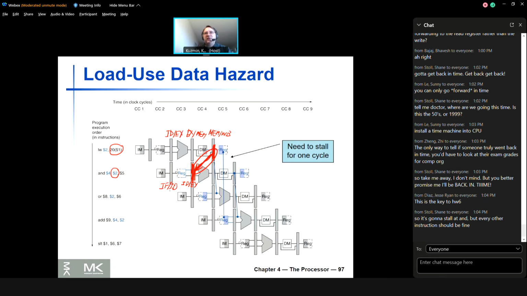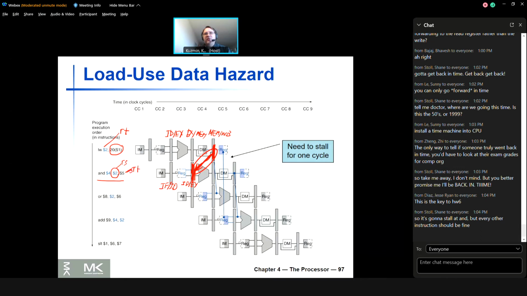Remember, this register here is RT according to the format of LW. It is not RD. It is a destination register, but for load and store instructions it is denoted as RT, whereas this is RS and this is RT.